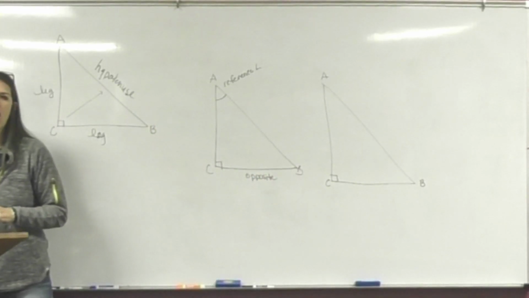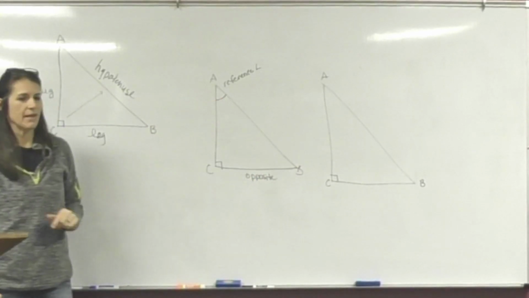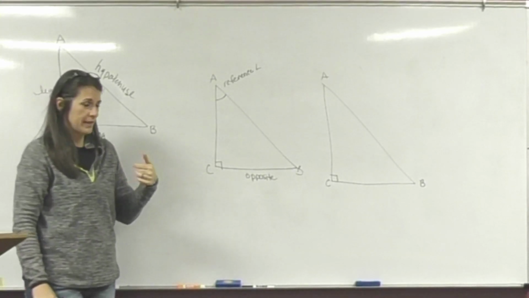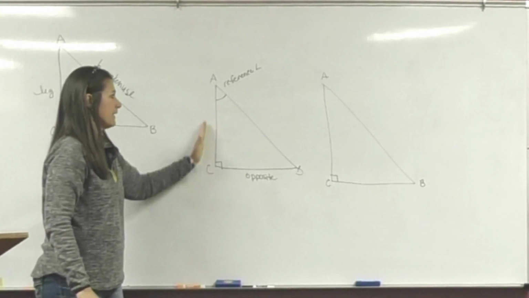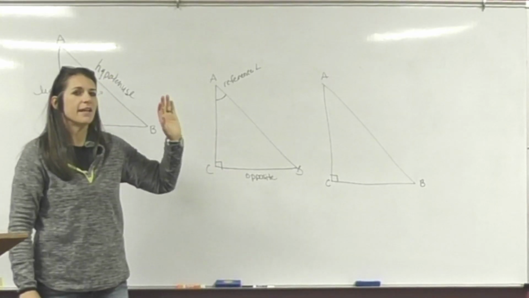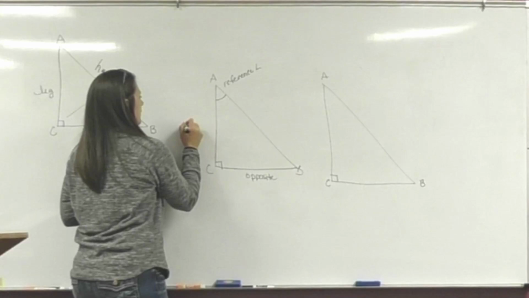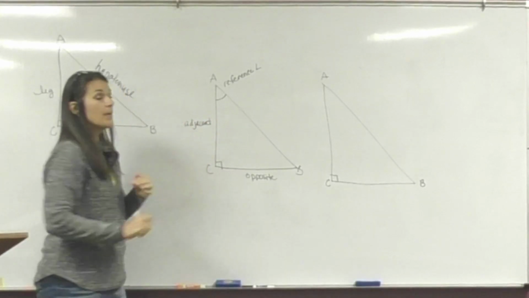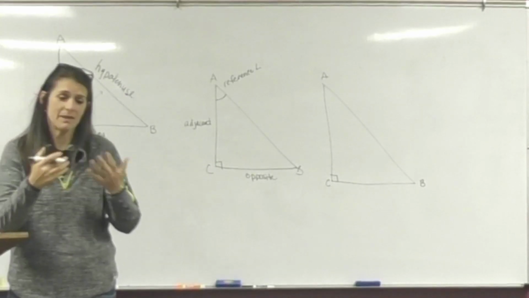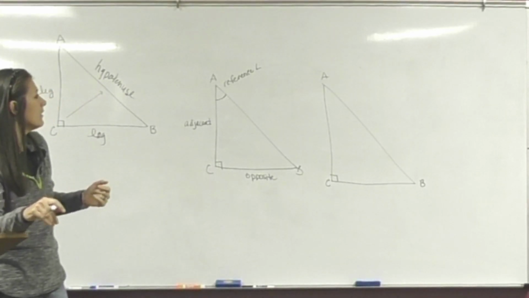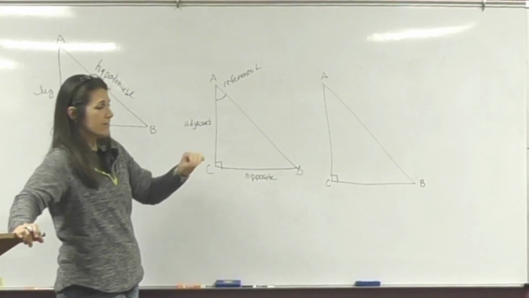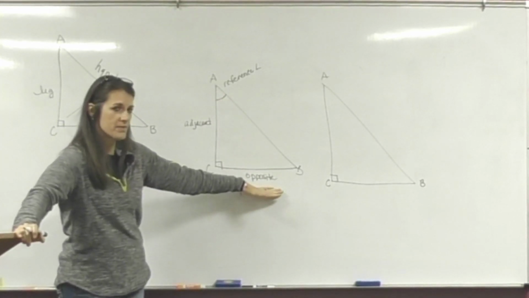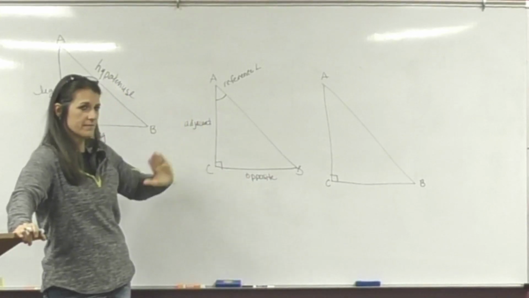The other leg is called adjacent. Remember, the term adjacent just means next to. So in reference to angle A, this is opposite, and this is adjacent.